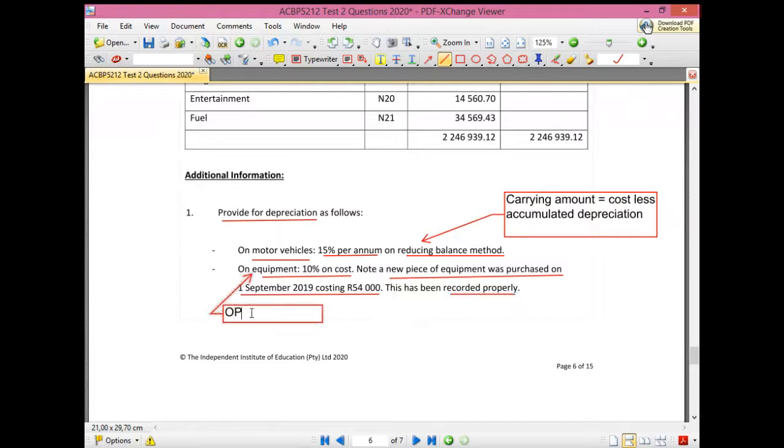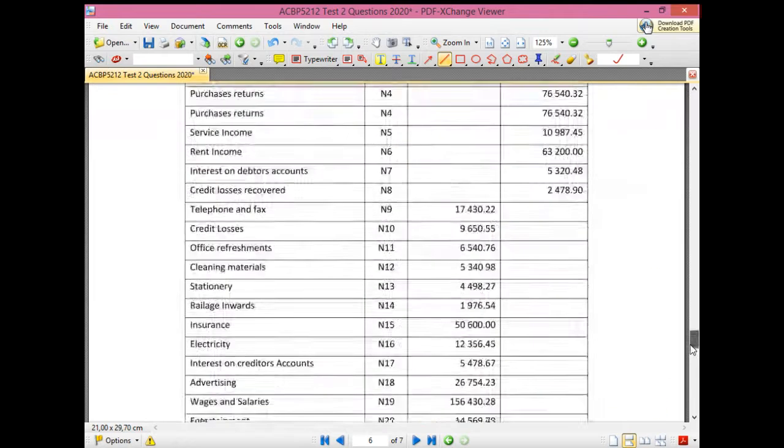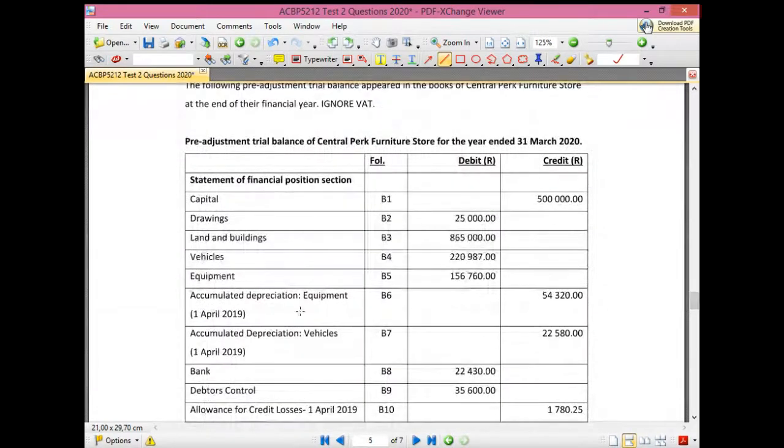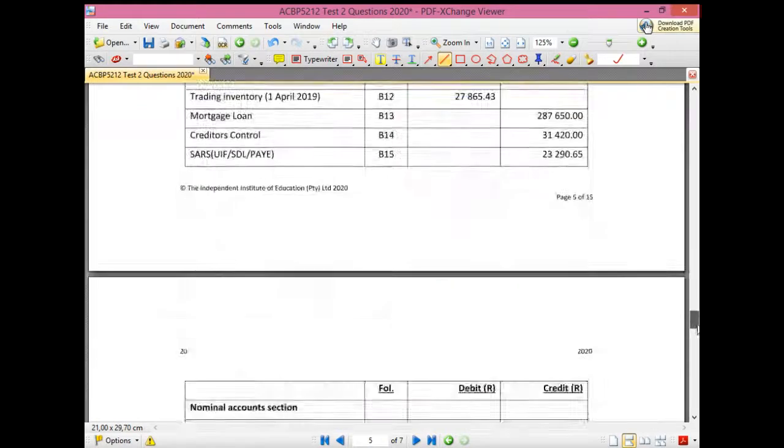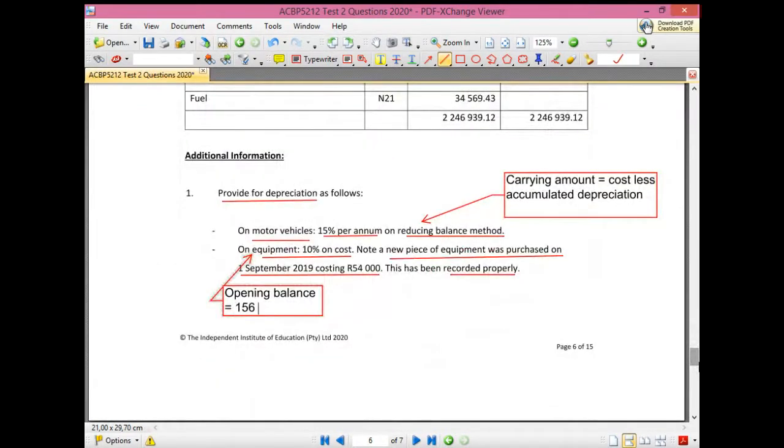So that means our opening balance will be calculated as follows. So we take, in our trial balance, we see equipment is currently 156,760. Okay, now because we've already recorded the purchase amount, so it has already been recorded, it has been included in this balance.